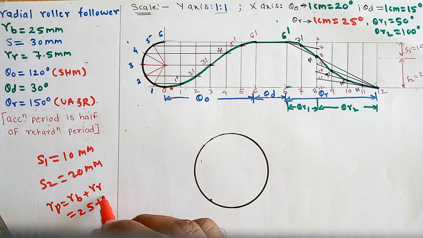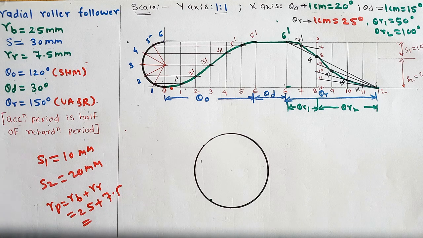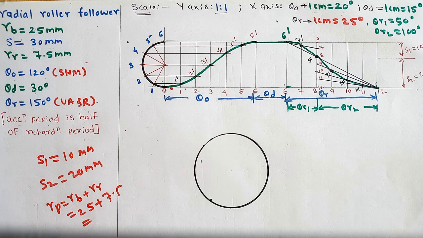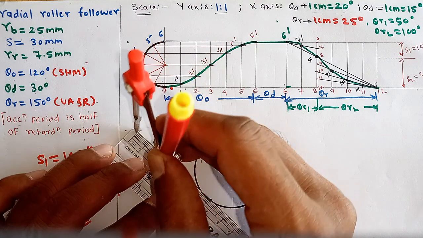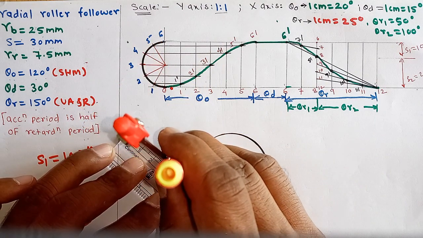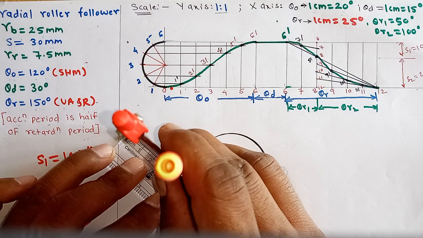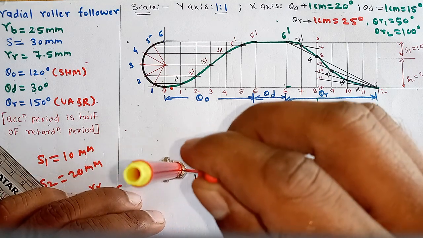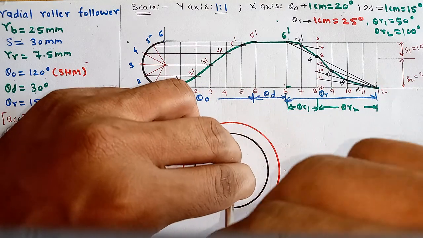So 25 plus 7.5 we get 32.5. So for prime circle, whose radius is 32.5, with the same center we draw the prime circle.